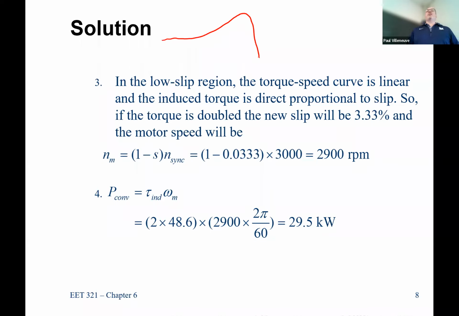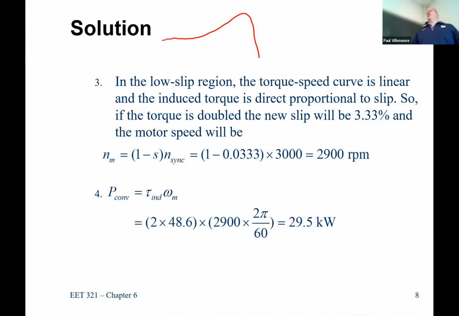The power is a function of not only the torque, but also the speed of rotation. So it's not a doubling. The only way it would actually double the output is if the speed was constant. So in the case of a synchronous machine, if we double the torque, then we would say we doubled the amount of power output. Whereas in an induction motor, it's not necessarily the case.